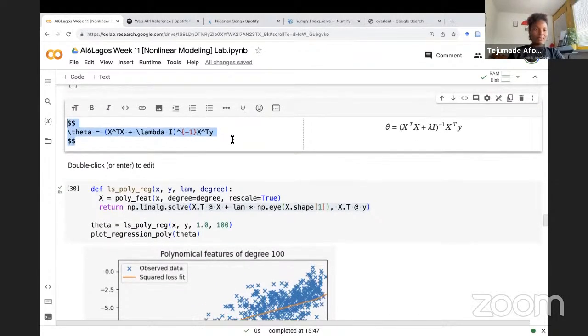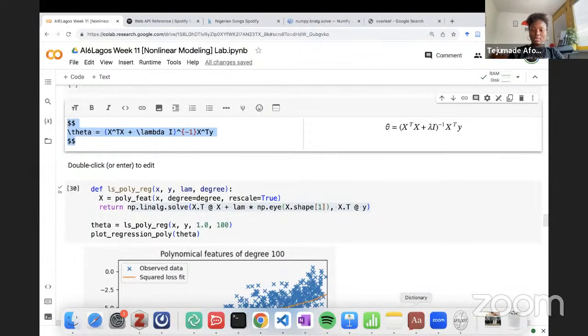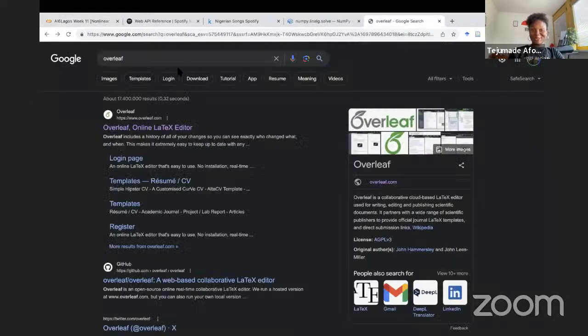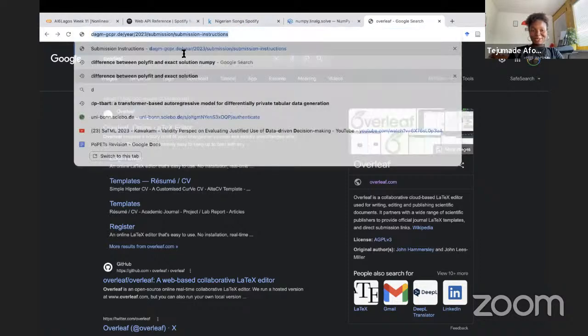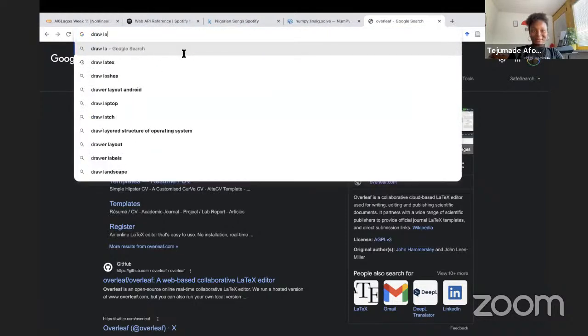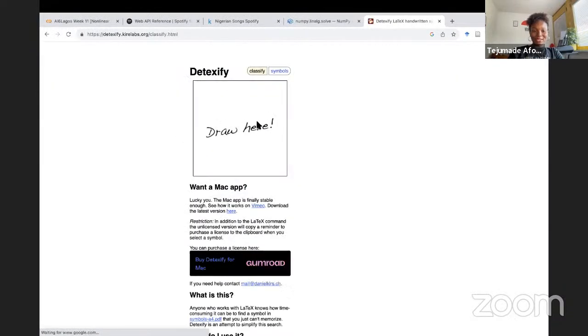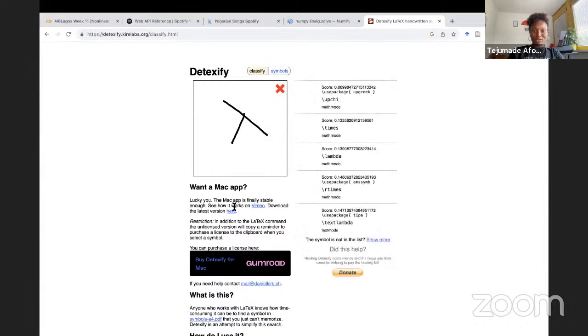I also did the same for most of these slides. There I used the online version called LaTeX Eats. One thing I found useful is that when I forget anything in LaTeX, I know what the symbol should look like, but I cannot remember how to write it. There is something where you can draw the symbol and it'll tell you what it is. It's called Detexify. So let's say I wanted lambda. I don't know what lambda is called, so I just draw the lambda.